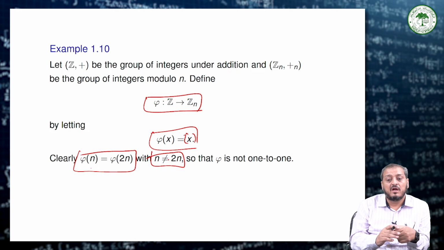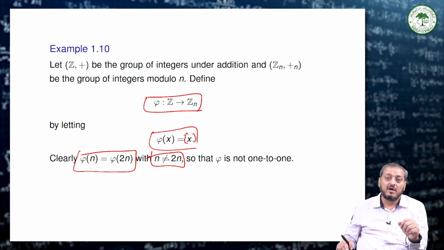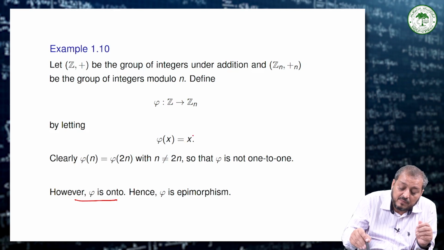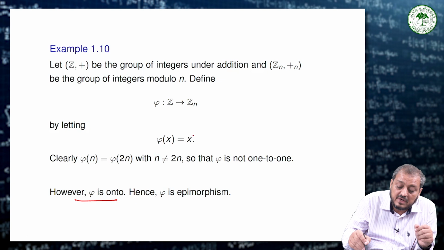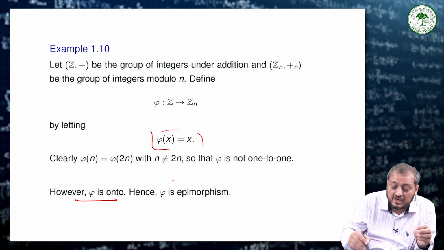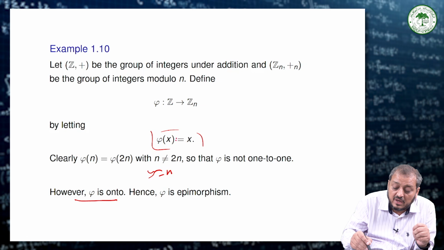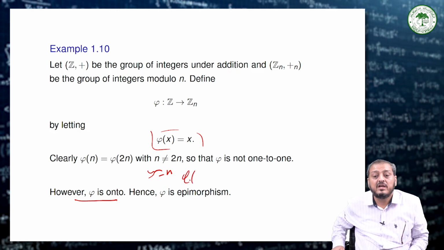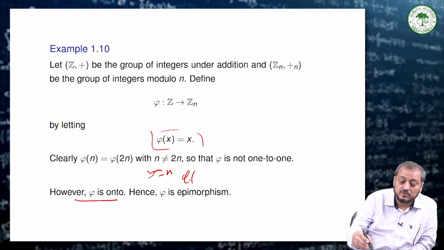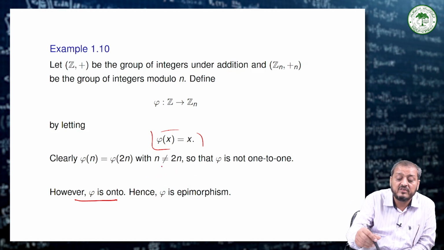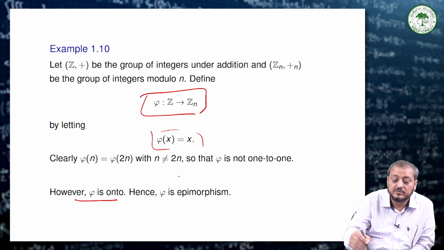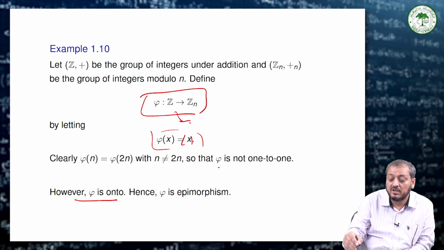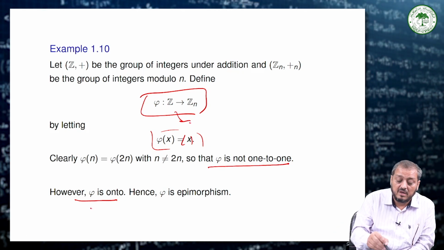But in this case phi is onto, because you can find any element in the codomain and write it in this form. If you take y equal to x, then phi of x is equal to its class. So this is an example where phi from Z to Zn, defined by these equivalence classes, is not 1-1 but it is onto.